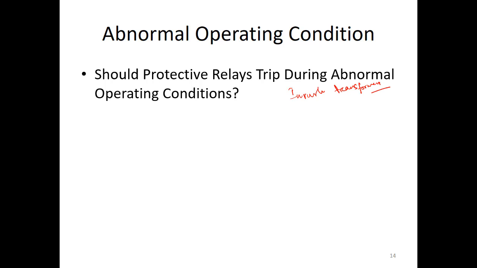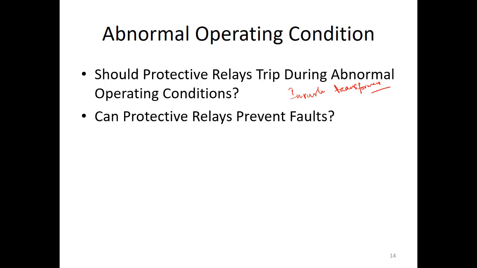And because this inrush current is a very huge value, if your relay is not set properly, then sometimes it trips. So actually it is not intended to trip, but it trips during the abnormal conditions.